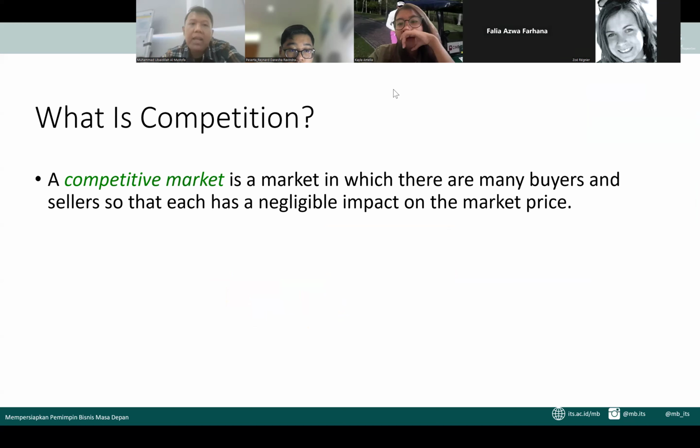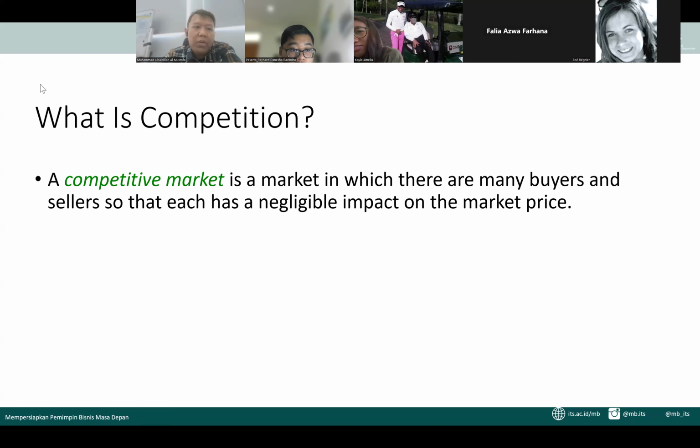In a market, we usually say that we have a competition. So what is actually a competition? Competition means that the sellers are trying to get as many buyers as they can. So they will try their best to attract buyers to buy their products. And this is a competition.